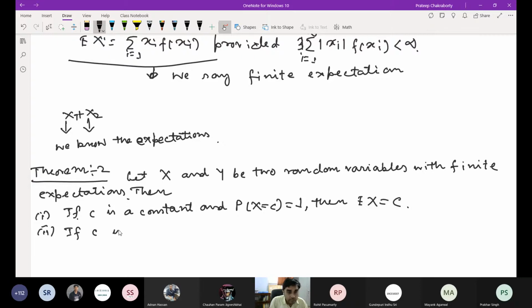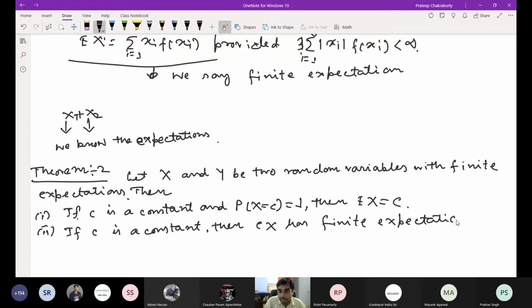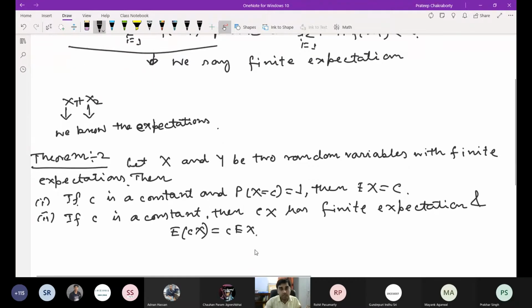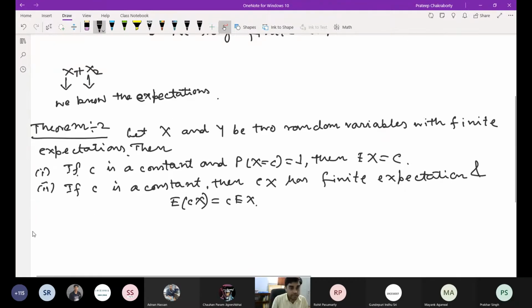Again, if c is a constant, then cx has finite expectation and E of cx is equal to c times Ex. This we can expect. Expectation is a linear function, a linear operator.